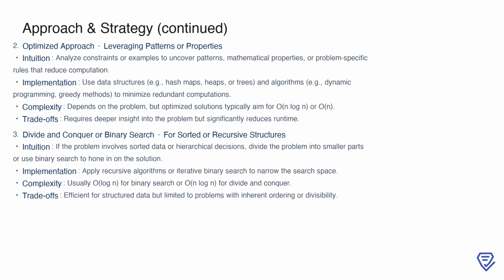Additionally, for problems with sorted or hierarchical structures, techniques like divide and conquer or binary search can be highly effective. These approaches allow us to narrow the problem space efficiently, often reducing complexity to O(n log n), or even O(log n). However, they require a deeper understanding of the problem's structure and may not always be applicable to unstructured data.